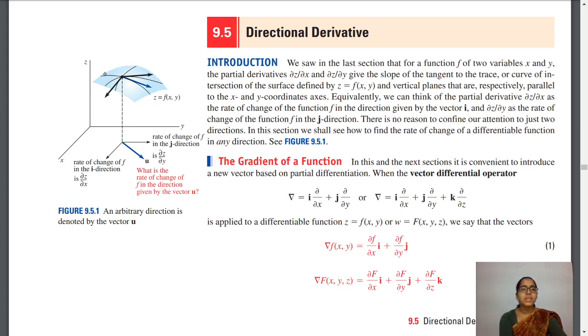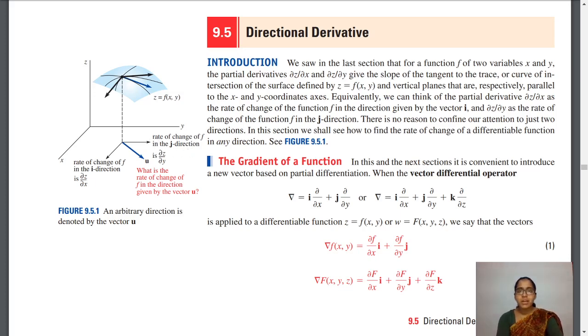So we are again moving on to the concept of a curve and a point, and we can clearly discuss the slope of the tangent at a particular point on the curve. We can think of ∂z/∂x as the rate of change of f in the i direction, and ∂z/∂y as the rate of change of f in the j direction.